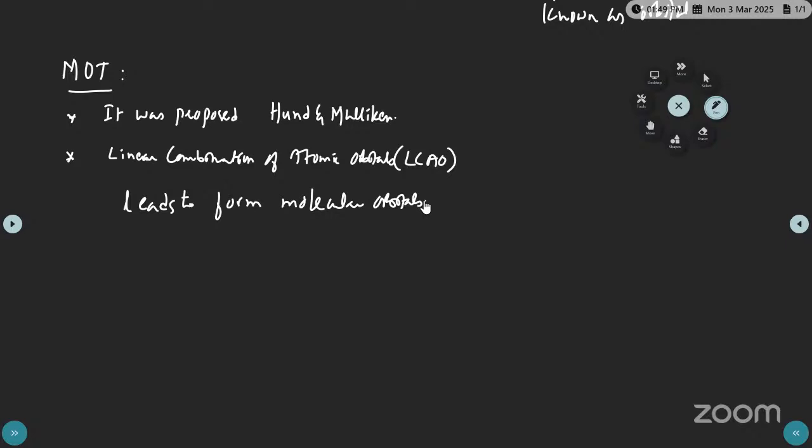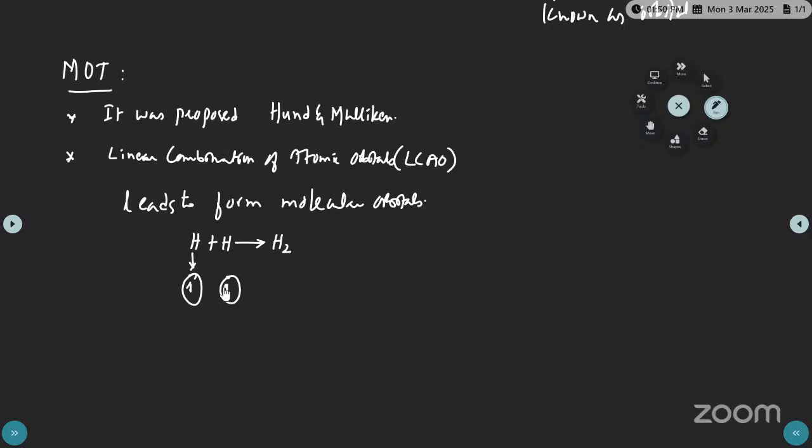For example, hydrogen plus hydrogen gives rise to H2. This is the s orbital of hydrogen, with one electron.